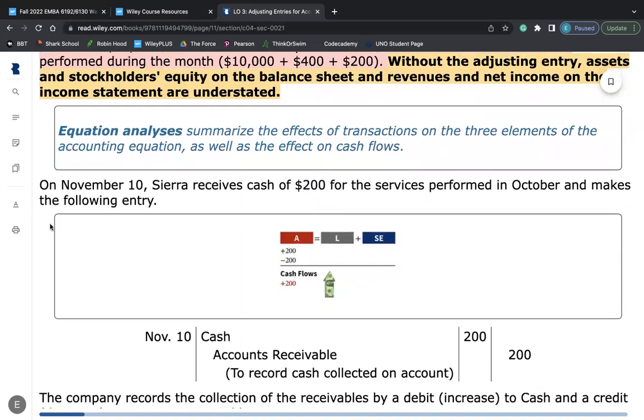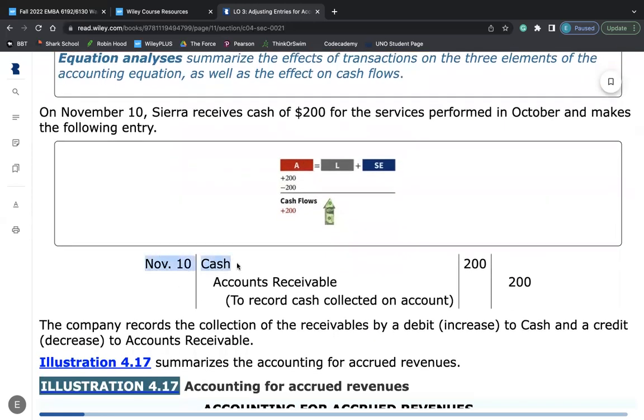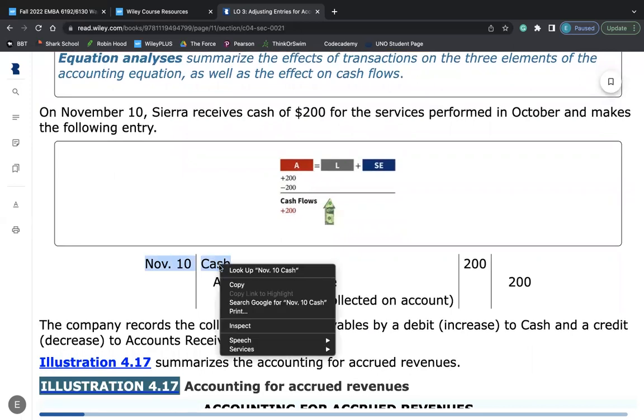On November 10th, Sierra receives cash of $200 for the services performed in October and makes the following entry. Debits cash for $200.